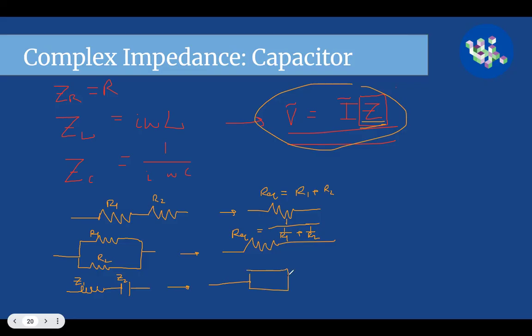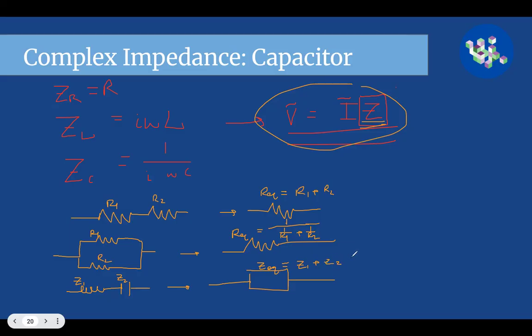This box will have an equivalent complex impedance. Z equivalent will be just like adding two resistors in series. It will just be equal to Z1 plus Z2. And that's really, really convenient.